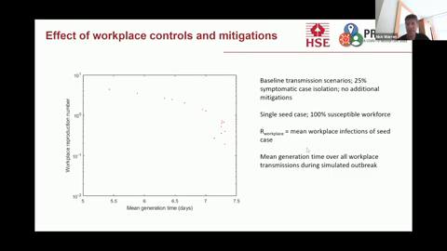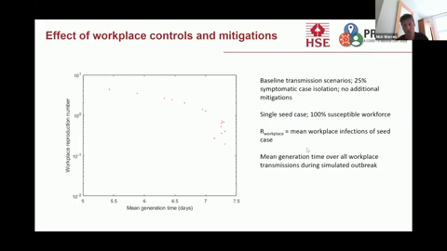And these are 15 different sets of transmission parameters for short and medium proximity contacts, with no additional mitigations, save for 1/4 of symptomatic cases isolating. And these simulations assume a 100% susceptible workforce with a single seed case.